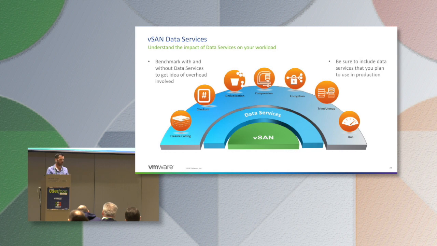Okay. Trim and unmap, which came about in vSAN 6.7, is not on by default, and that has an IOPS overhead. And then QoS as well. You can set QoS on a per-VM or a per-VMDK level, meaning you can limit the IOPS.